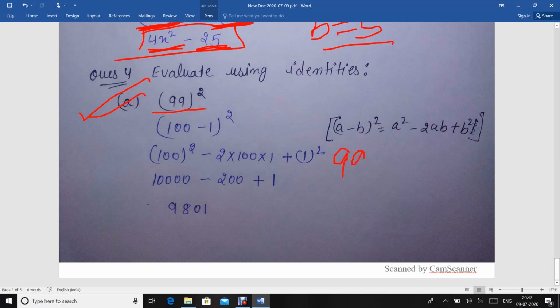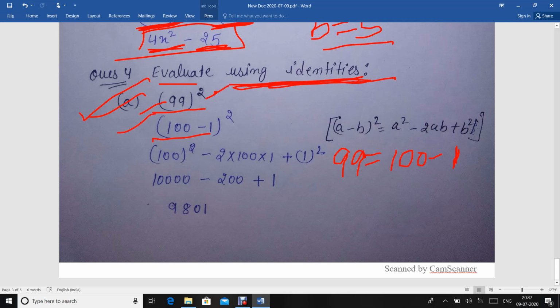You can break down 99 in the form of 100 minus 1, because 100 minus 1 is equal to 99. So you will break down 99 as (100 minus 1) whole square, because the question says evaluate using identities. So to use the identity you have to break down this single term.